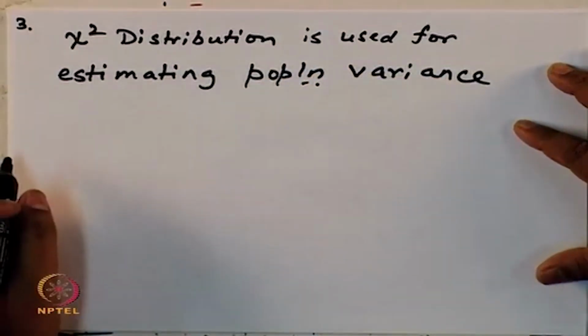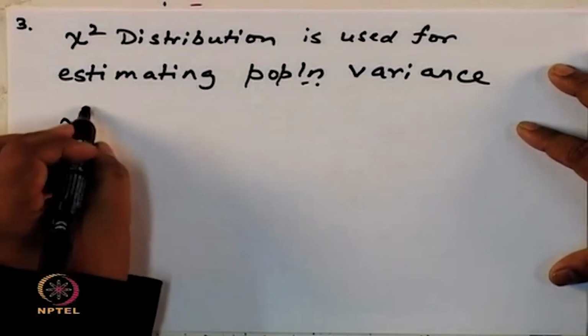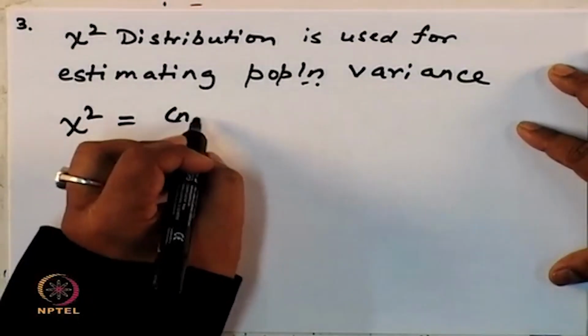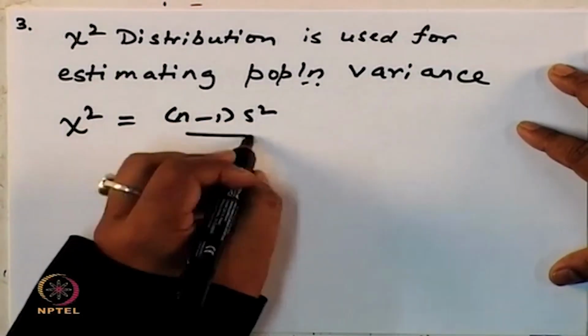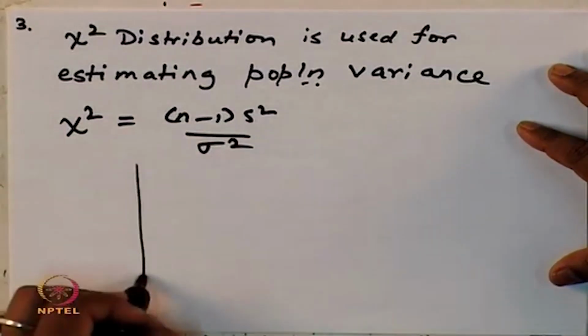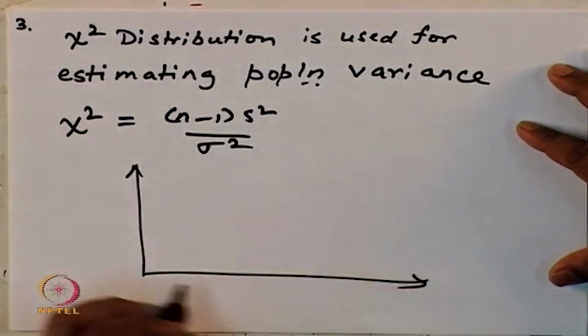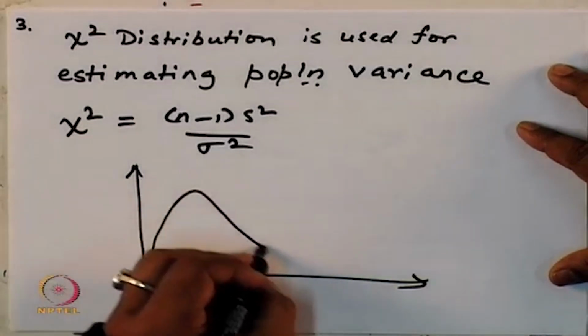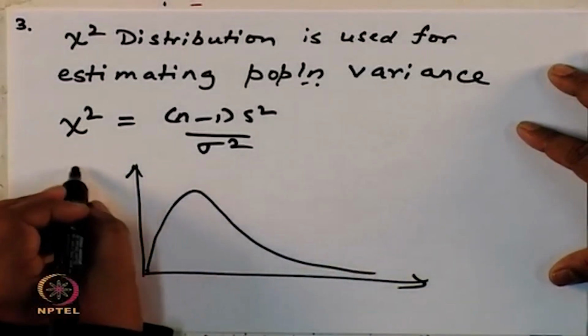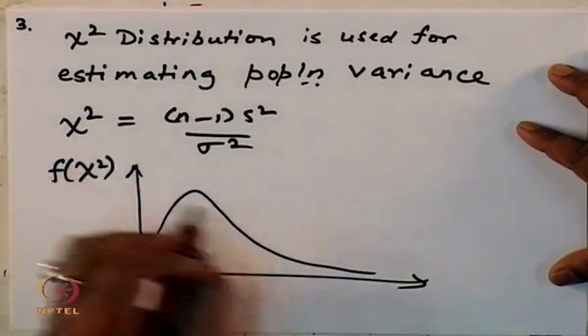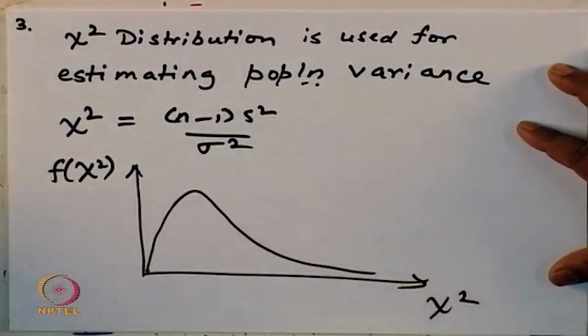The statistic that you calculate, called the chi-square value, is given by n minus 1 into s square by sigma square. The chi-square distribution is asymmetric, and it looks something like this. This is f of chi-square and this is your chi-square value.